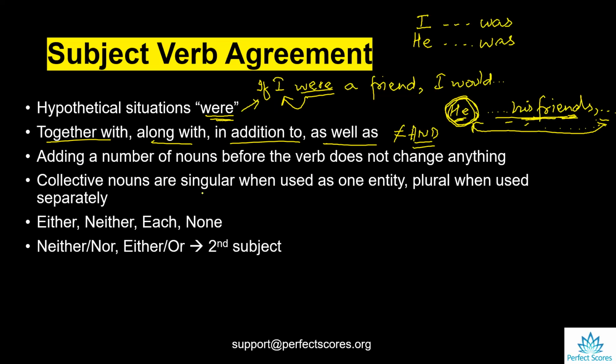The fourth rule is about collective nouns. There is no single rule for collective nouns, but you just have to remember, again, it's about meaning. If you talk about a team of players, and they are doing something collectively, the team of players has won because they've done something collectively.